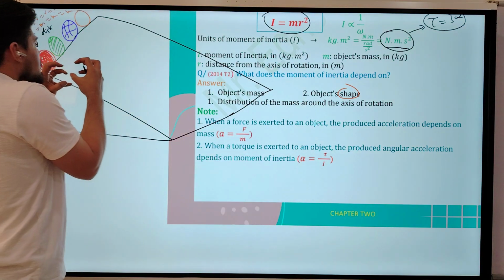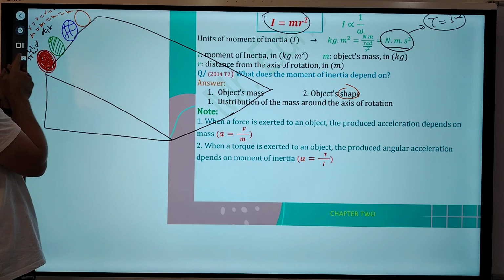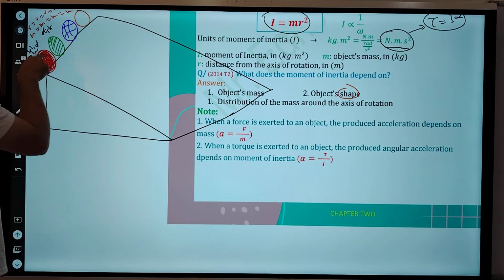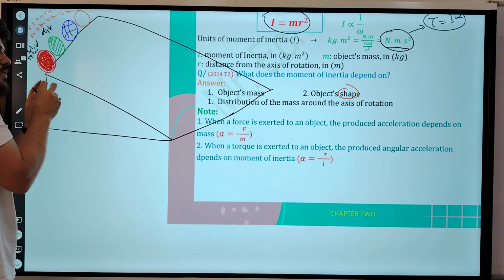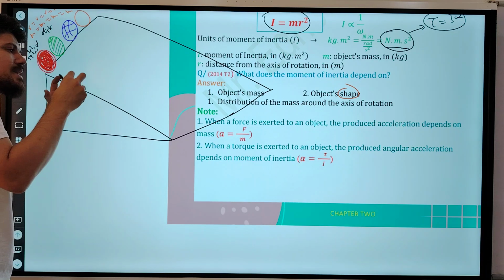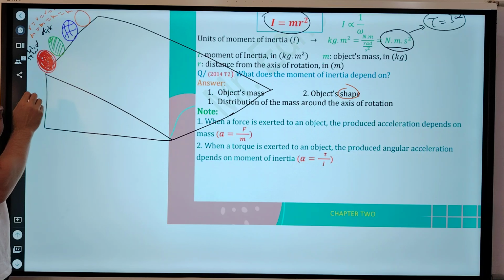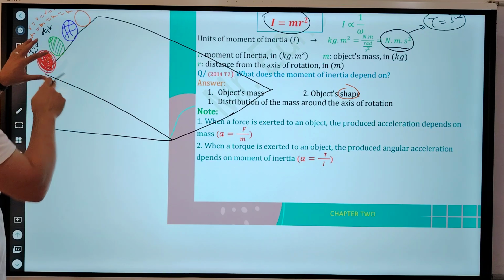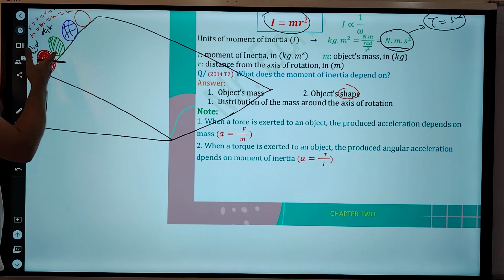Which one has the closest distribution of mass? The solid sphere. As you can see in this picture, all the mass of the solid sphere is distributed evenly around the axis of rotation, very close to it. In the disc, the mass is also distributed evenly, but its shape is different, such as a compact disc or a pulley.